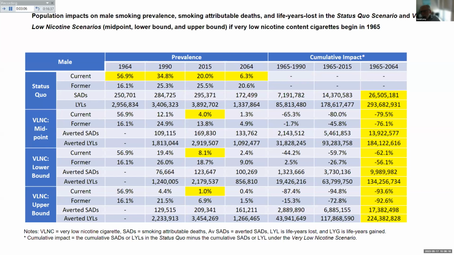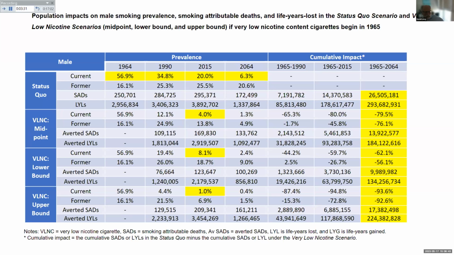Now, with the lower bound, you see a smaller level of, oh yeah, lower bound.